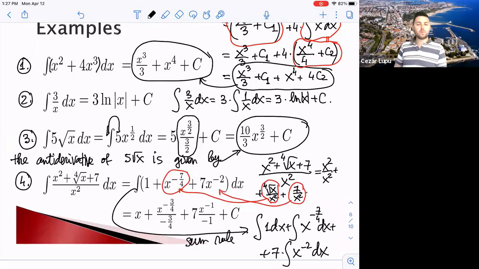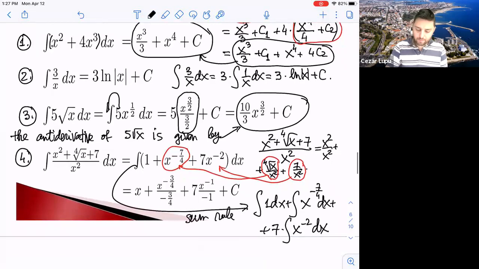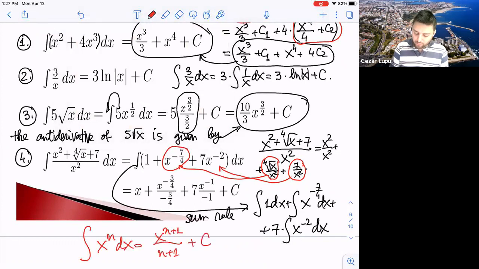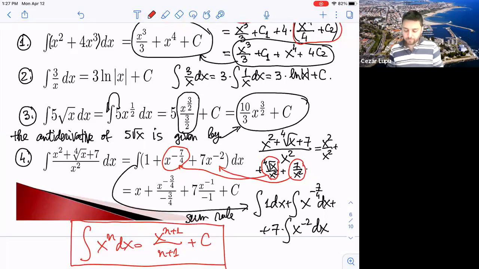And now we can use, again, this golden rule: the integral of x to the power n dx is nothing else than just x to the power n plus 1 over n plus 1 plus constant c. So once we use this, we can use it for this integral. Also, you can use it for this one here, for both of them.